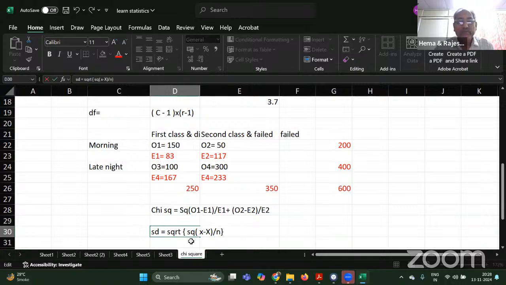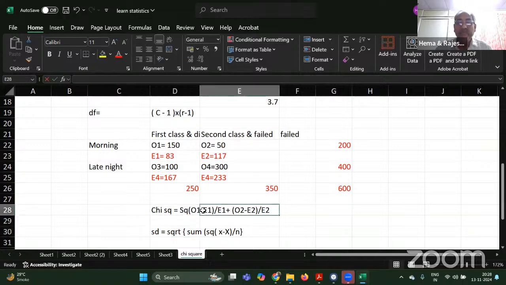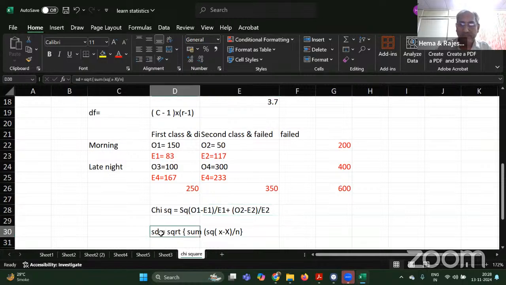We do the summation of all the squares, x1 minus x bar squared, x2 minus x bar squared, and then you divide the total by n. This is how you derive the standard deviation. So the same thing we are doing over here. The only thing is that instead of n, for each cell the n is different in this case, right?